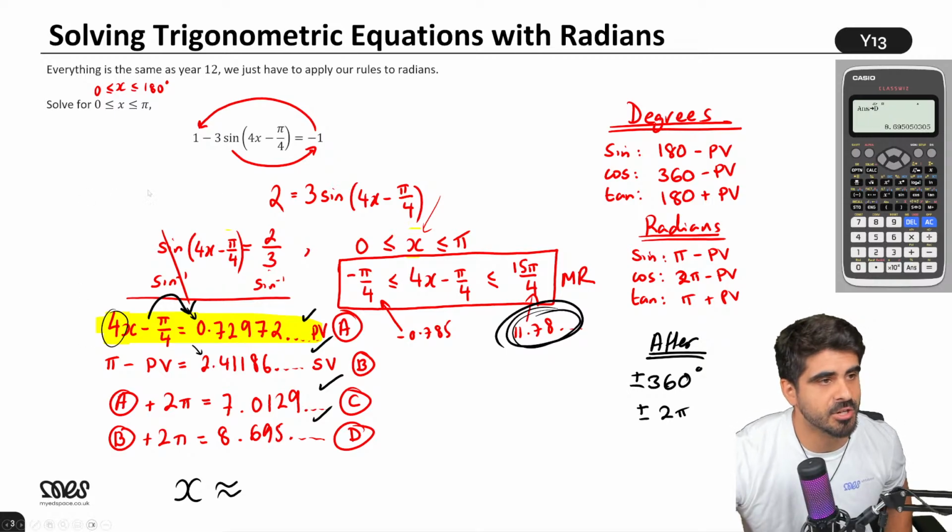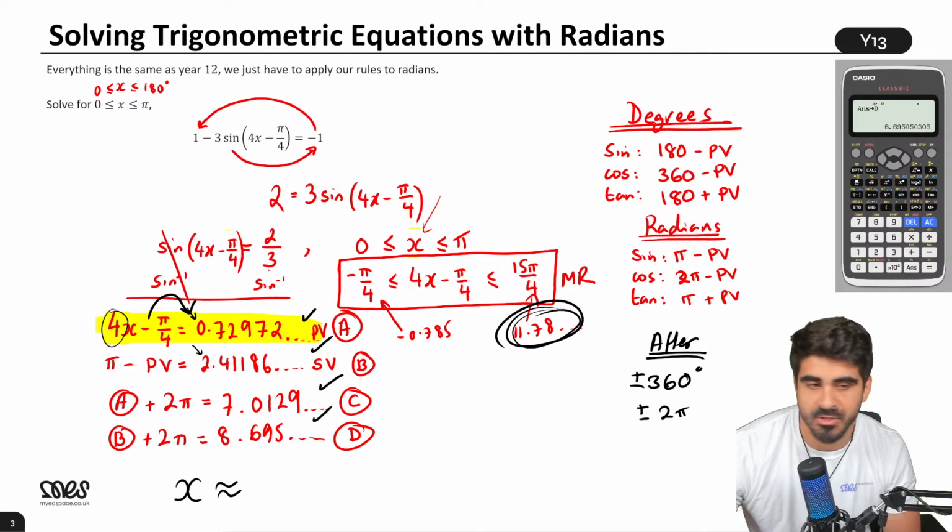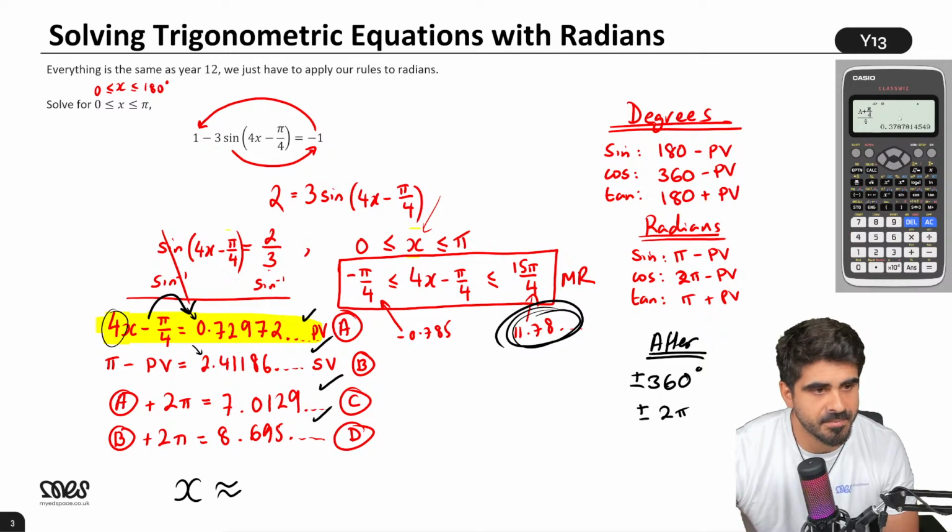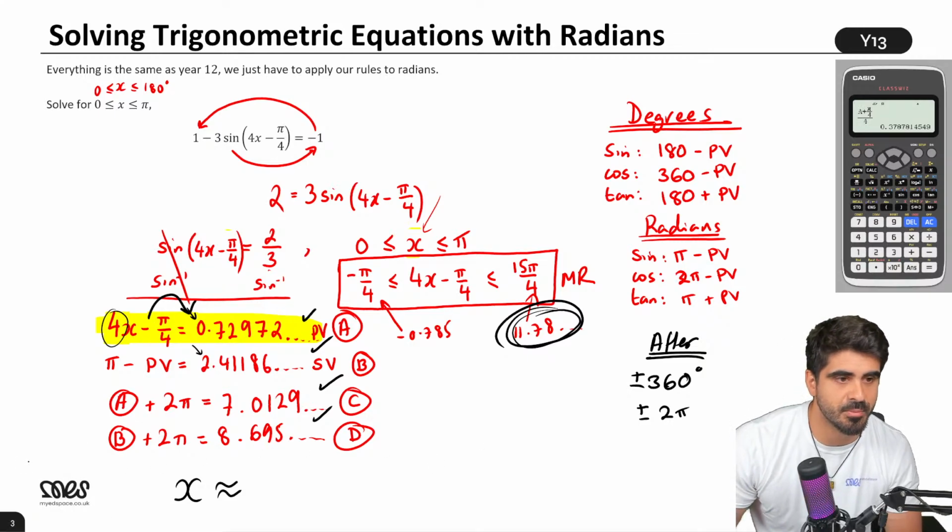Now look at my calculator screen. We're going to do A plus pi over 4, divided by 4. There's my answer. And then all you're going to do is change A to B, then change it to C and then to D. This is how you get the answers super quick.